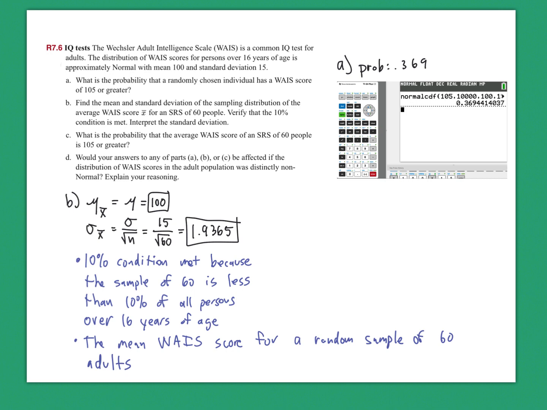The mean score for a random sample of 60 adults typically varies by 1.9365. There's no units to this. Yeah, so it varies by that from a mean of 100. Okay, so something like that.